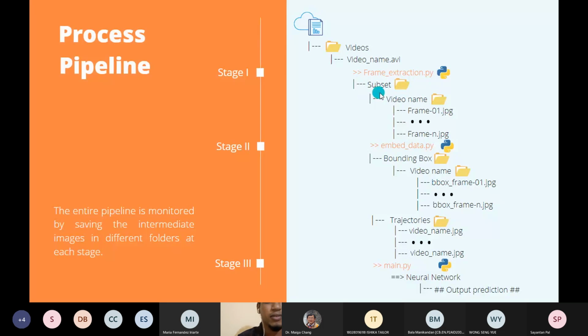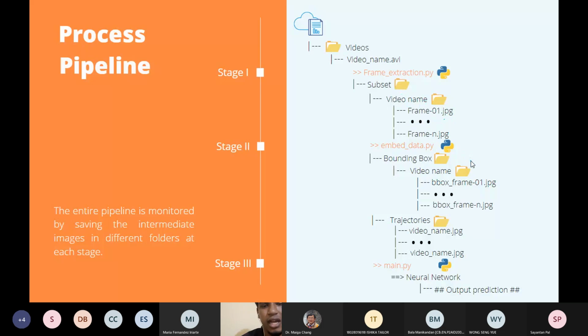These are stored in a subset folder, with a structure of a video name folder and different sequences of frames. We tried approaches with different numbers of frames. For example, if it is 50 frames, this folder will consist of 50 frames.